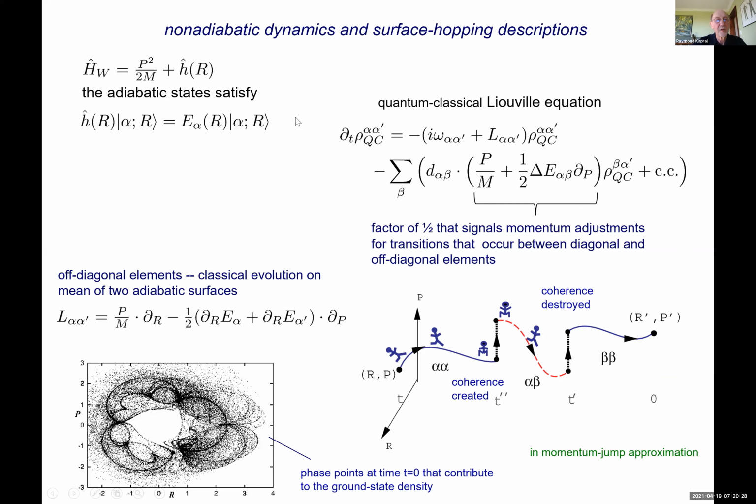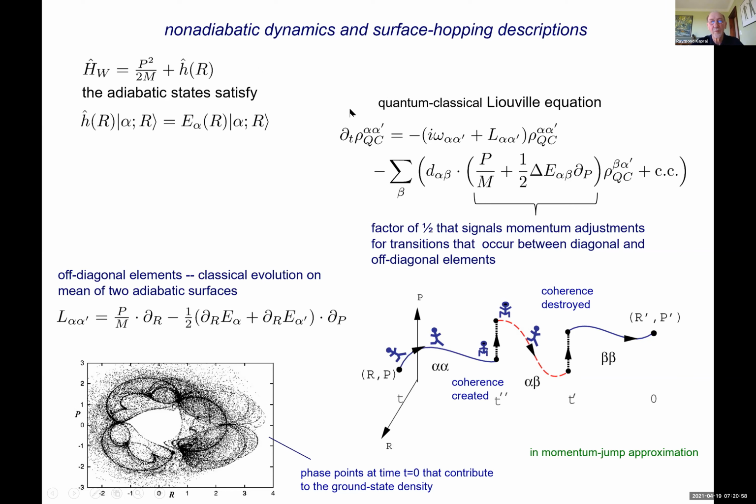So now I'm going to be dealing with a specific representation of the quantum subsystem, the representation of adiabatic states. So the Hamiltonian, we split off the kinetic energy operator of the bath, and the adiabatic states are just the functions of the rest of the Hamiltonian operator that depends parametrically on the coordinates. And I'm calling the adiabatic energies E sub alpha.